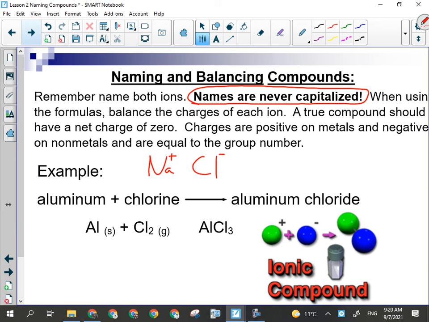That happens in every compound, right? If I have magnesium go with oxygen, magnesium will give up 2 electrons. Oxygen will take 2. Okay, still adds up to 0. Everybody okay with that idea? All right. That'll become important when we start doing the drop and swap. How many people have heard that term before?